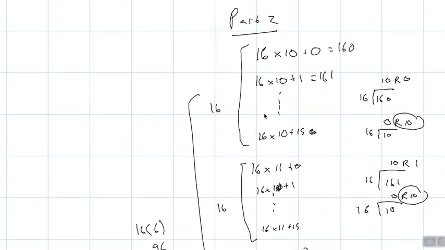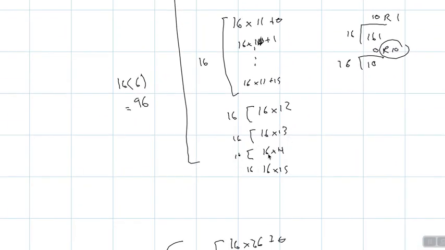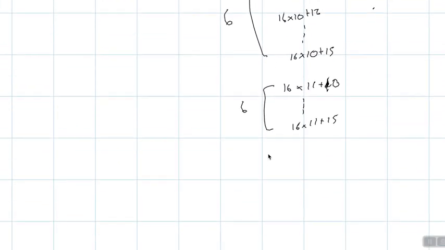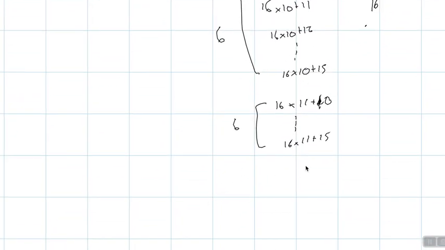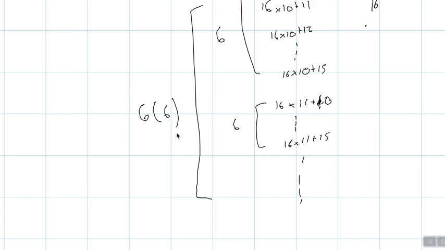For each of these, 16 times 10, 16 times 11, 16 times 12, for that first little sector, the number that we overcounted is going to be 6 in each, and there are 6 groupings of those.